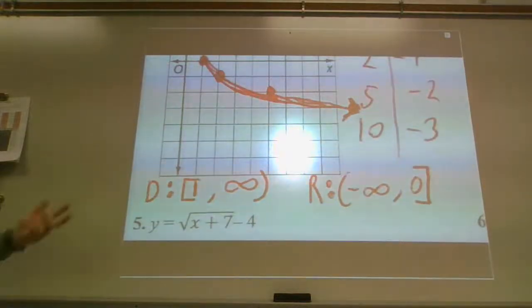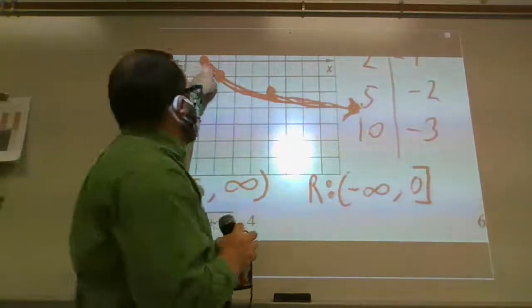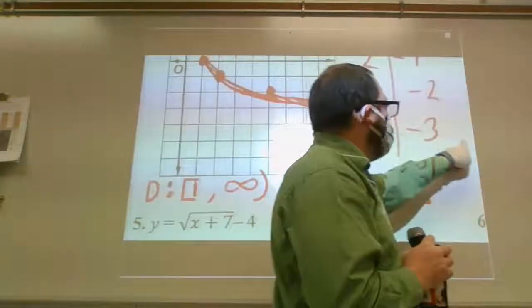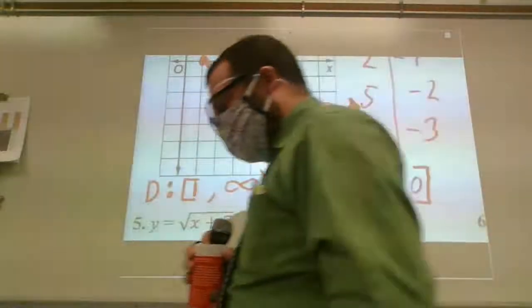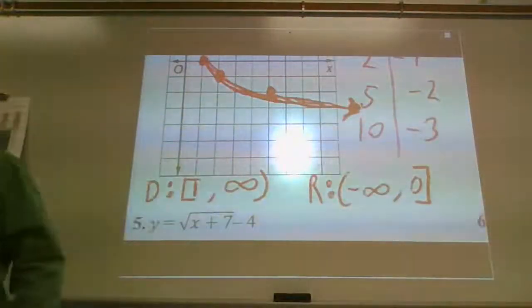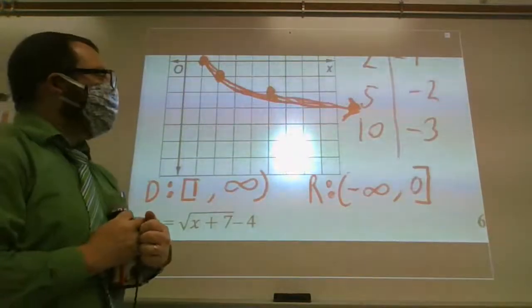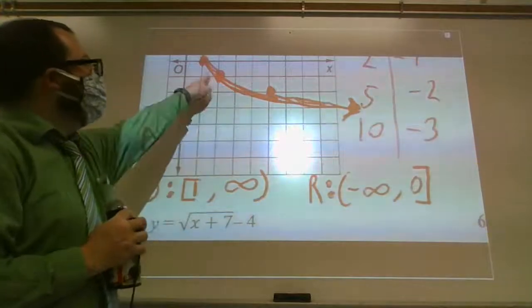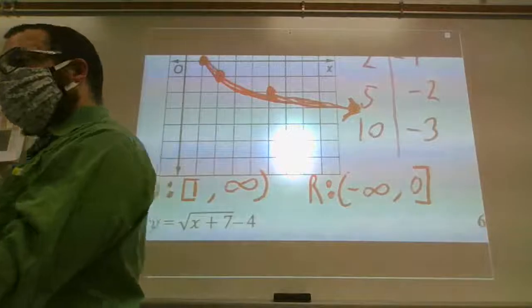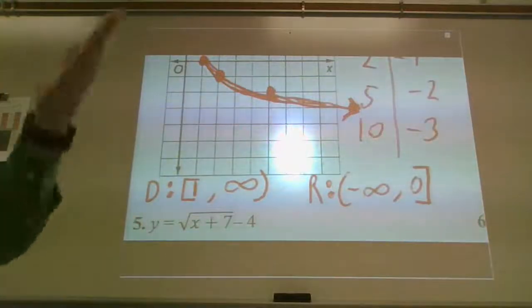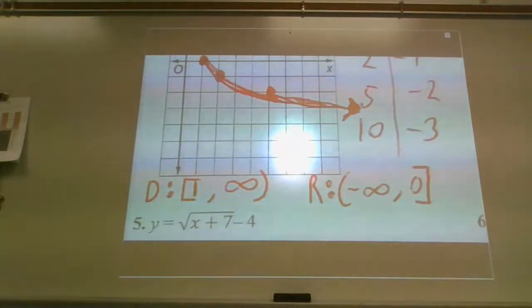But with square root functions, this thing will keep going down and out forever, like a parabola. So technically, and I can show you this on the table of values, but this thing will keep extending down forever. When you express range, you go lowest to highest.